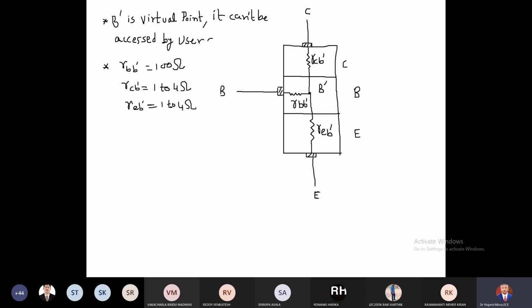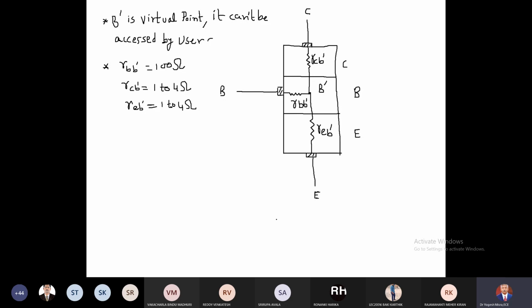So now, generally what we do in practice, we cannot neglect the R_BB' resistor, right?